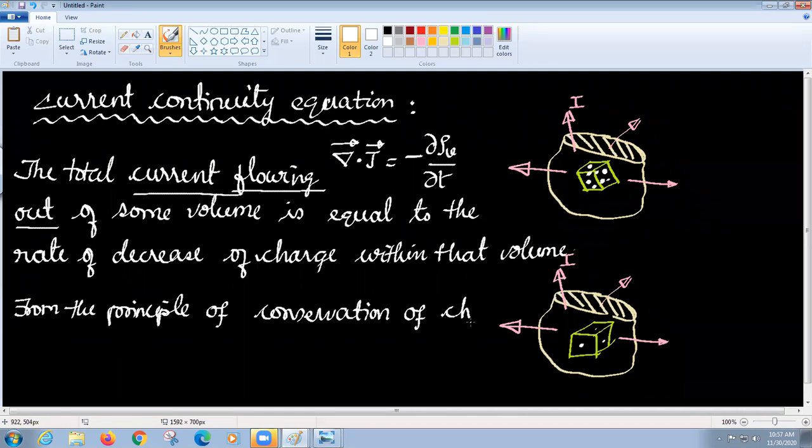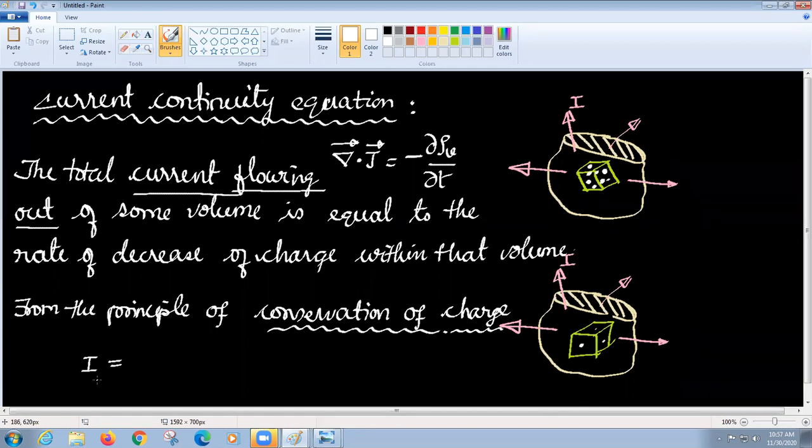That is conservation of charge. Whatever current is leaving out can be equated to the time rate of decrease of charge within that volume.